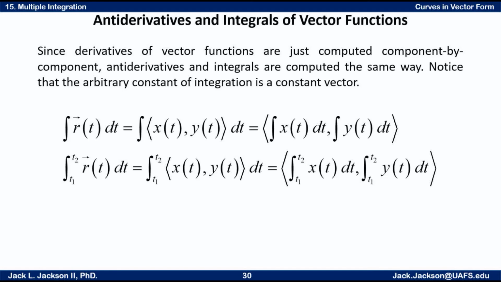So that's the integral from t1 to t2 of x of t dt, comma, the integral from t1 to t2 of y of t dt. And once again, in the first part, you're going to get a plus c1 here, plus c2 here, which you can pull out as a plus c1 comma c2. So that's a vector constant there.